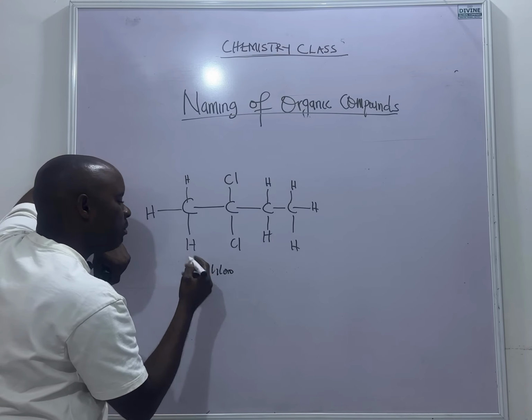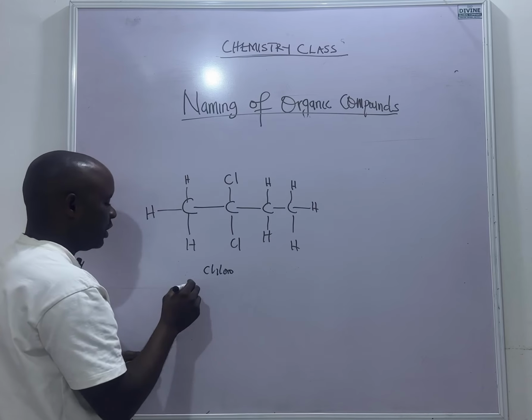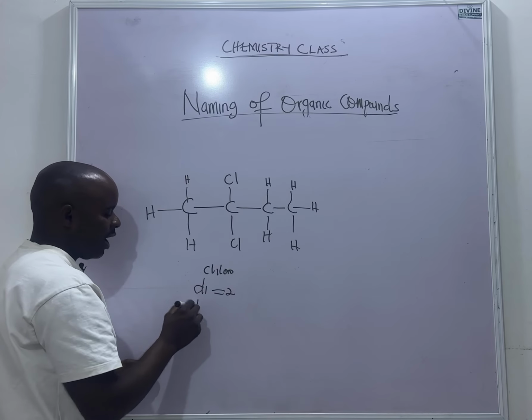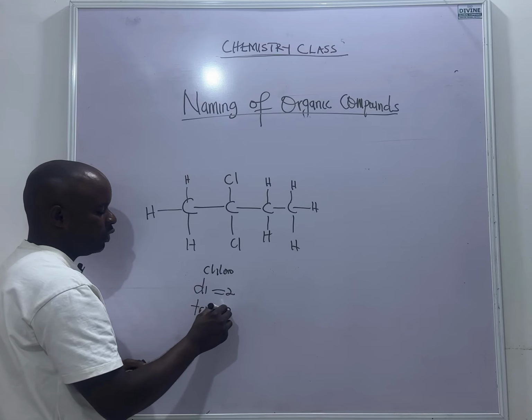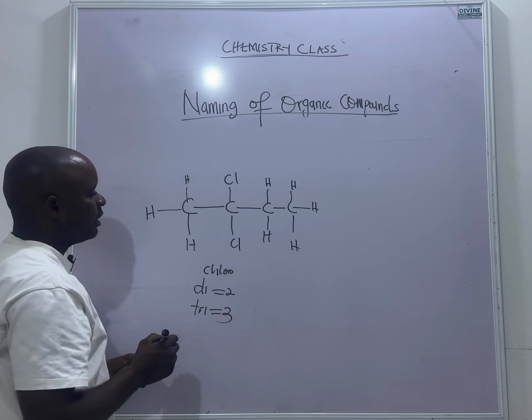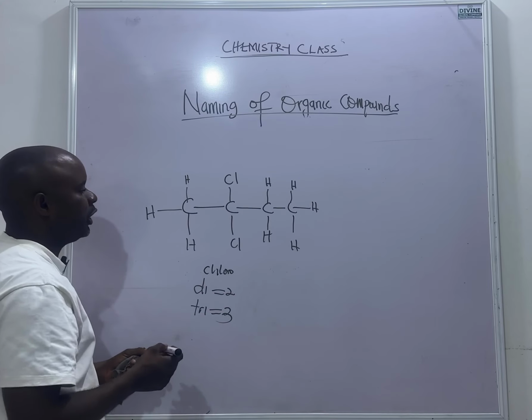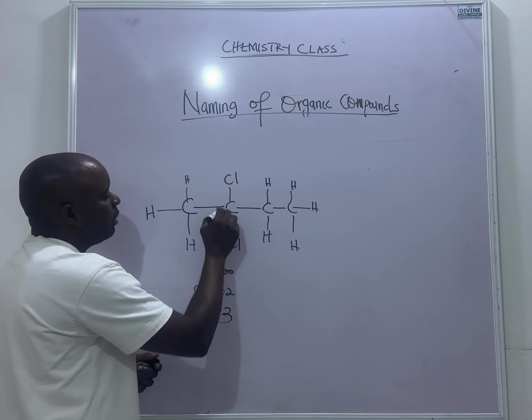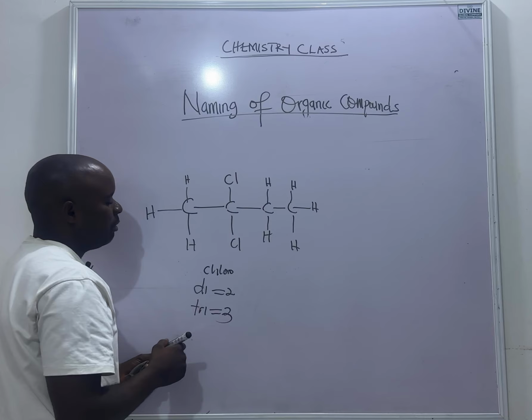When we have more than one substituent, we can use di to represent 2, and tri to represent 3. In this case, it's a straight chain, so we can use 1, 2, 3, 4. We must give the lowest numbering to the carbon bearing the chloro.